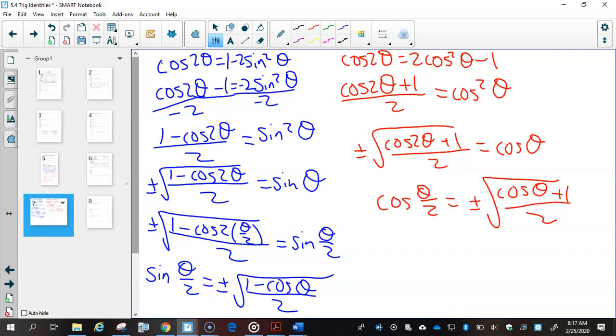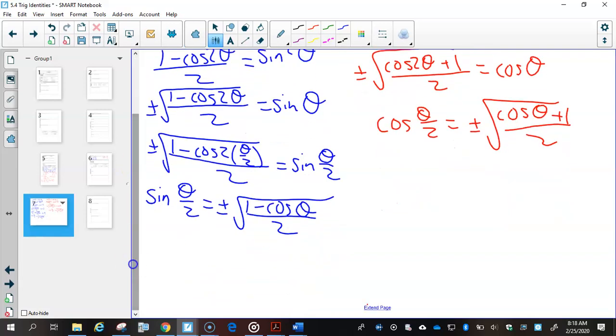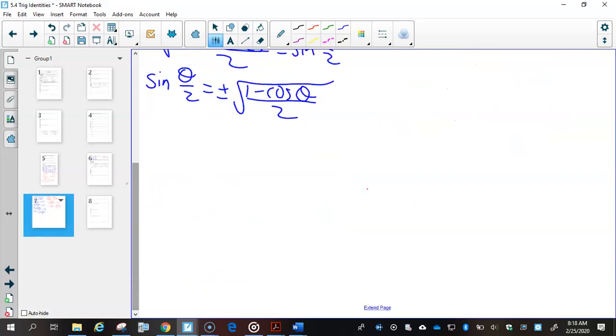Now, I'm going to show you how you go from your double angle tangents to half angle tangents, but I would say just memorize your tangent half angles, one of them, just because this process is a little complex. Alright, so with this, I'm actually going to take the fact that we know that tangent is sine over cosine.